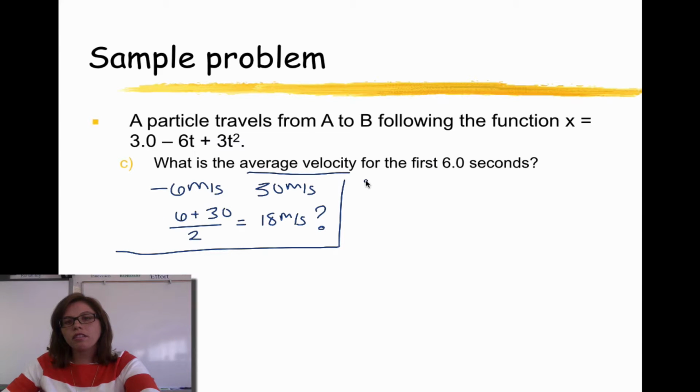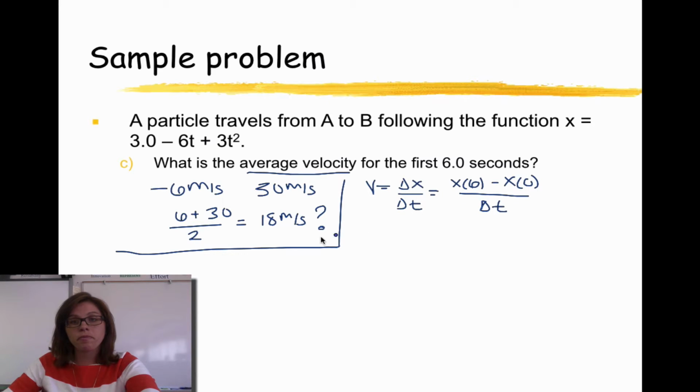All right, so let's remember that velocity is change in position over change in time. Displacement over change in time. So we need the position at the final position. So the position at 6 seconds minus the position at 0 seconds divided by our change in time.